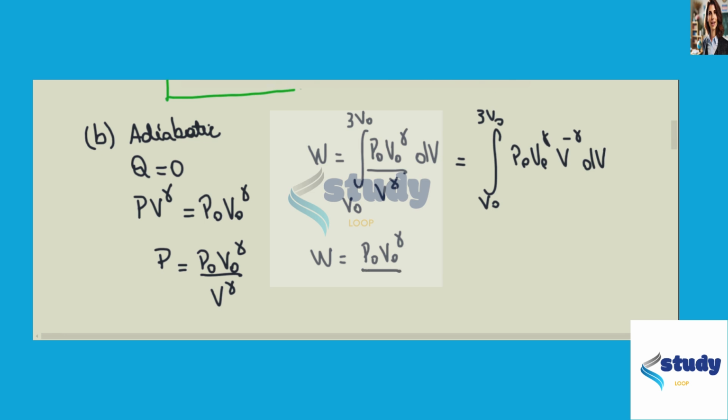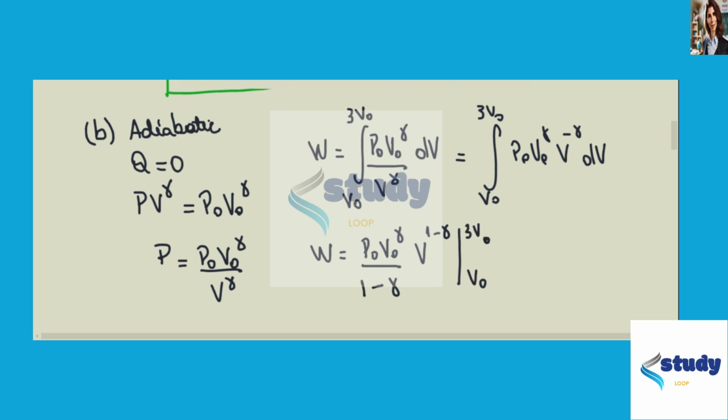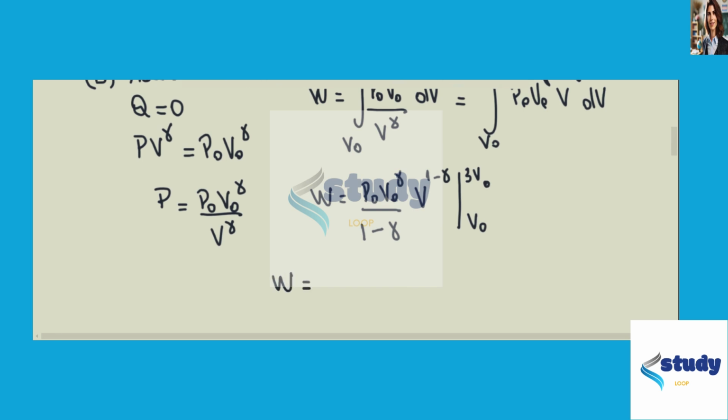So we can calculate the integral. It's 1 over 1 minus gamma times V to the 1 minus gamma from V0 to 3V0, meaning that W is P0 V0 to the gamma over 1 minus gamma times (3V0)^(1 minus gamma) minus V0^(1 minus gamma).